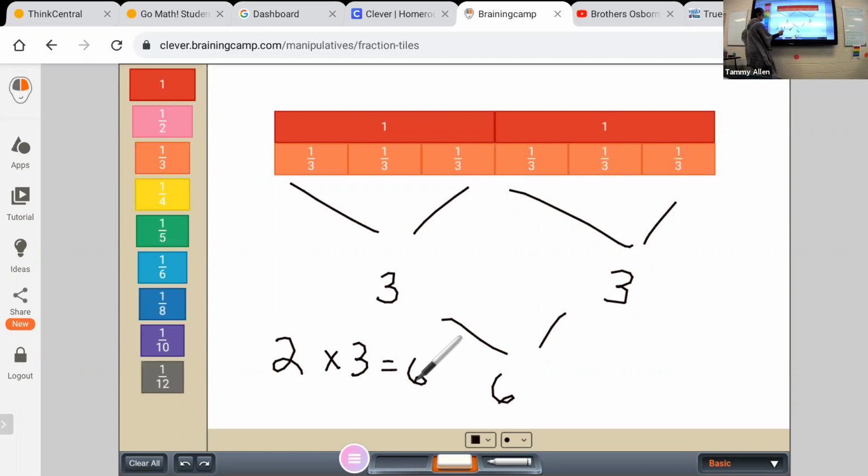This 3 represents the fact that there were 3 thirds. This 2 represents that twice we had 3/3. Does that make sense? Okay.